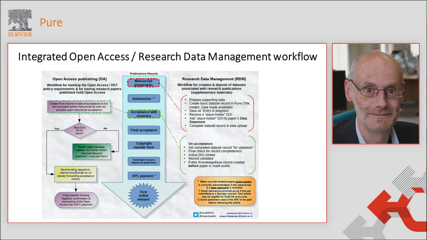You can see there an integrated workflow that we run at the Strathclyde Library for implementing open access and RDM simultaneously, because they're all research outputs. So it's all about a conversation with authors, with researchers that get in touch with the library normally to get funding to pay for their article processing charges.